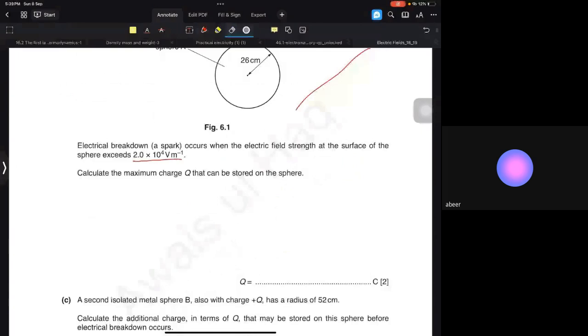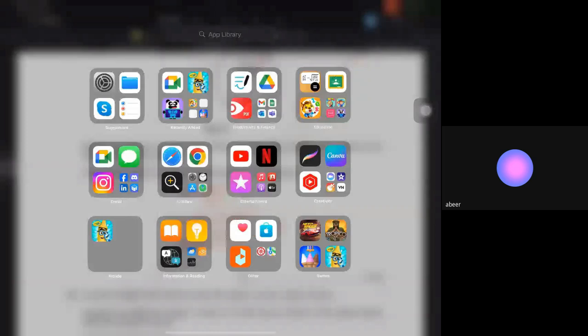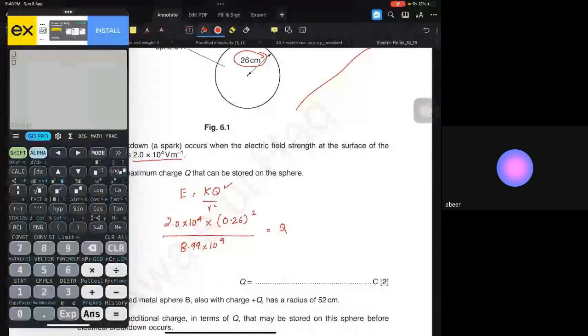So I think the best way would be if I could use KQ over R squared, and I want to find what is the charge when the electric field strength will be 2.0 times 10 raised to 4, and you can multiply it with the radius, which is 26 centimeter, and I can write it as 0.26 whole squared, and then divide it by 8.99 times 10 raised to 9, and probably I'm going to find Q. So let's try this one out.